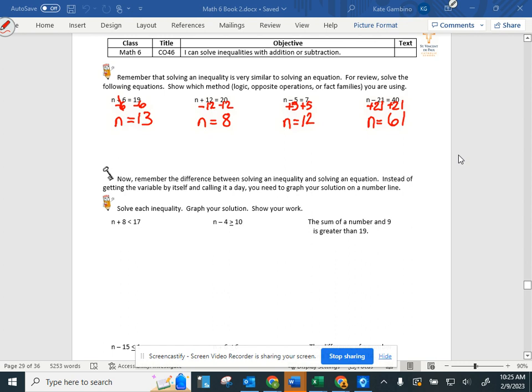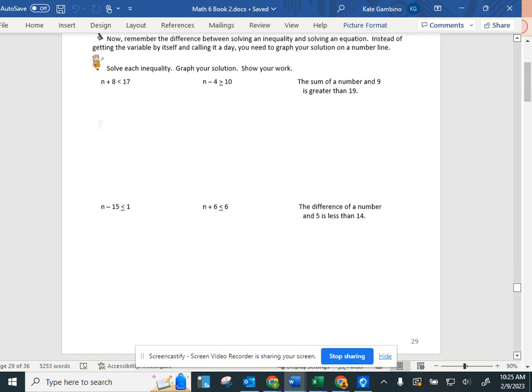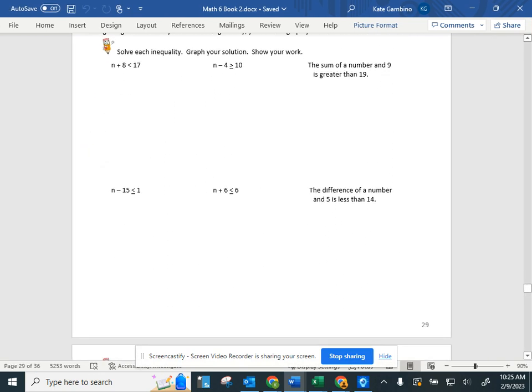So let's look at n plus 8. Well, you know what? Let me scroll up a little bit. All right, n plus 8 is less than 17. So I'm going to need to solve for my n the same way we just did when there was an equal sign. We're going to solve it the same way. So I'm going to do the opposite operations, but if you could do it with logic or the fact families, you could do that.